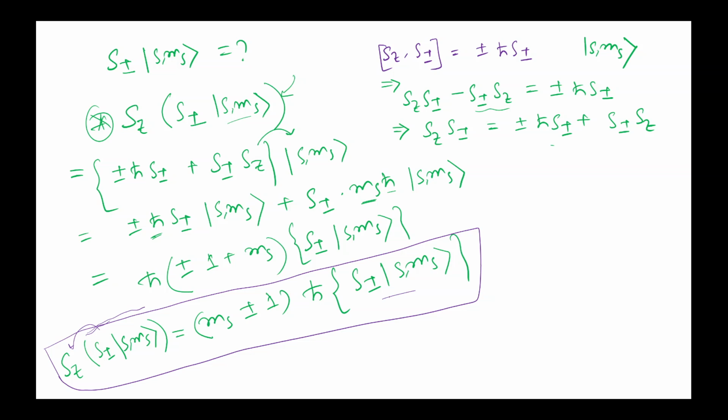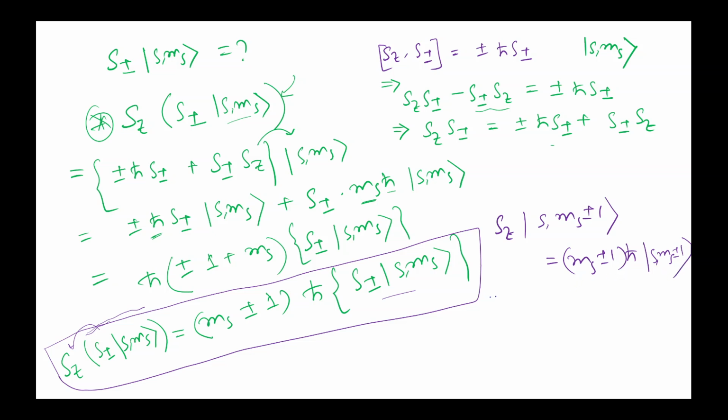So what we can infer from here is that when S plus minus operates on this |s, ms>, we get (ms plus minus 1) ħ, which can only happen if Sz is operating on |s, ms plus minus 1>, right? So now you are getting (ms plus minus 1) ħ and the same expression.